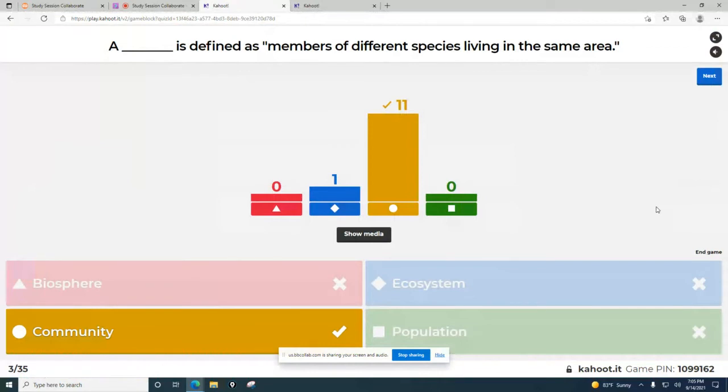The thing with this game is that it's not 100% accurate because some people are trying to get it so quick that they automatically select something instead of the other. I'm assuming that this was the case, but remember, community, members of different species living in the same area, population, members of the same species. And then an ecosystem is the next step up. It's even larger than a community because it's all the living and the non-living things.